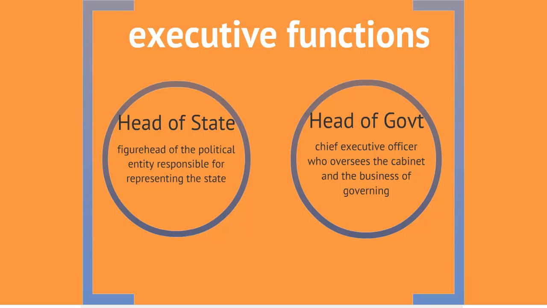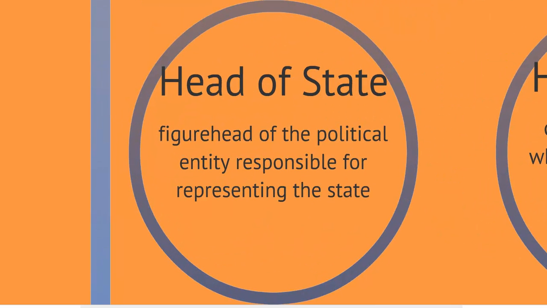The head of state and government correspond to these roles. Think of this kind of like the distinction between the soul and the body. The head of state is the soul. This person represents the state. It's a figurehead who is meant to unite all citizens of the state and to be the face of the state both domestically and in international relations.